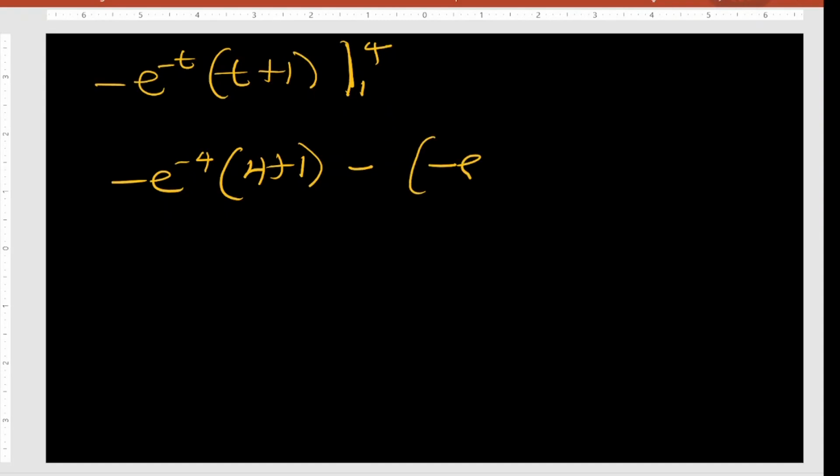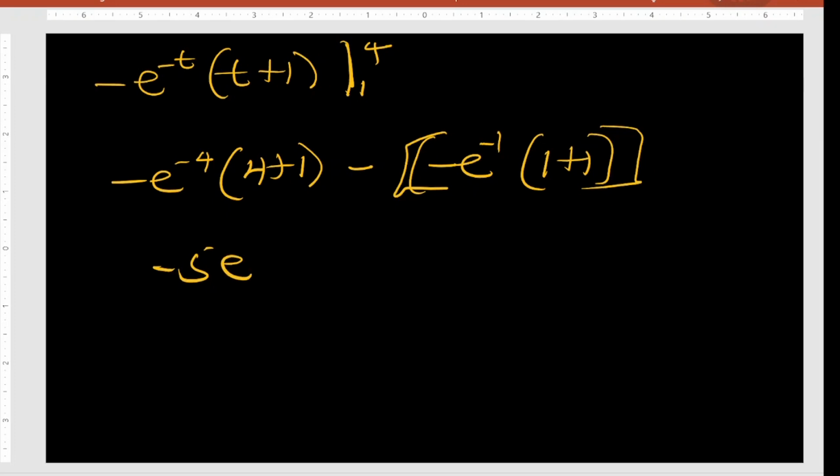So this will be negative e exponent negative 4 into brackets 4 plus 1, then minus the value at the lower limit. That will be negative e exponent negative 1 into brackets 1 plus 1. So this will be minus 5 e exponent negative 4, then plus 2 e exponent negative 1.